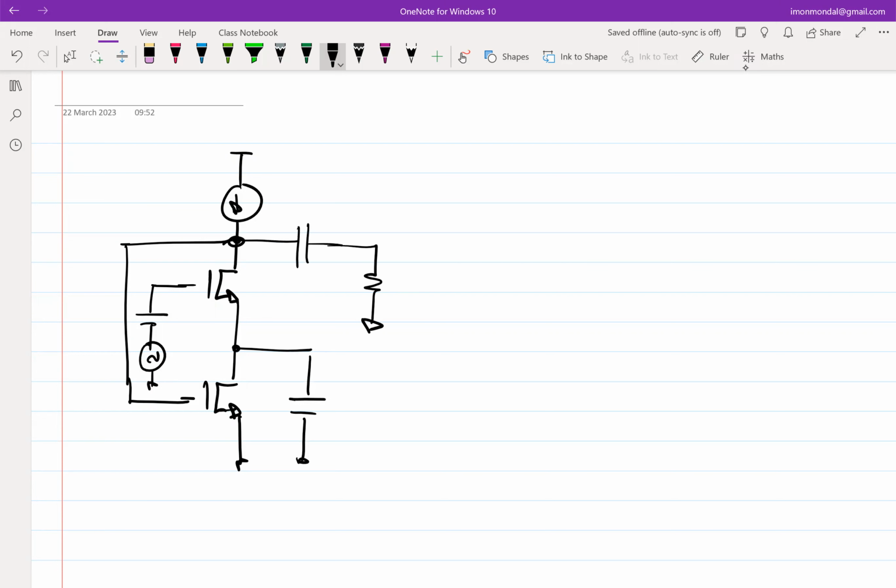So when we are discussing this, we said that this is M1, this is M2.